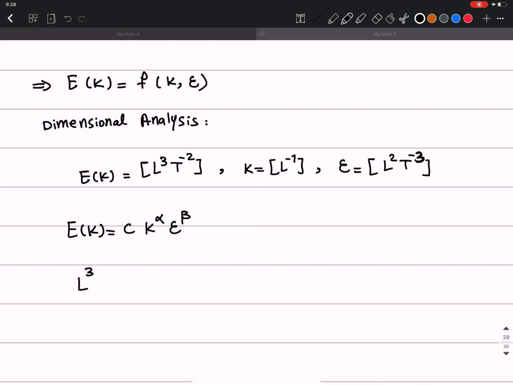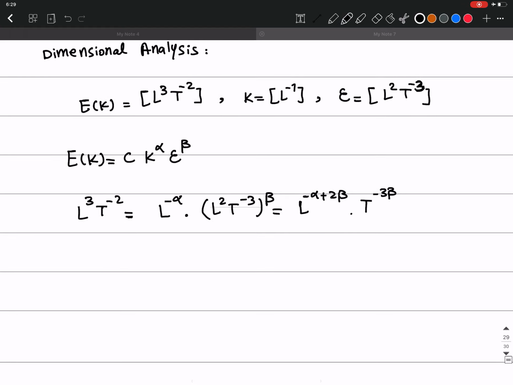So we have L cubed t to the minus 2 equals C, a dimensionless number, times k, which is L to the minus 1, so it's going to be L to the minus alpha, times L squared t to the minus 3 to the power beta, which is going to give us L to the minus alpha plus 2 beta times t to the minus 3 beta.